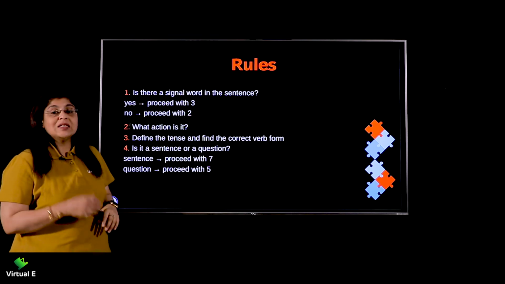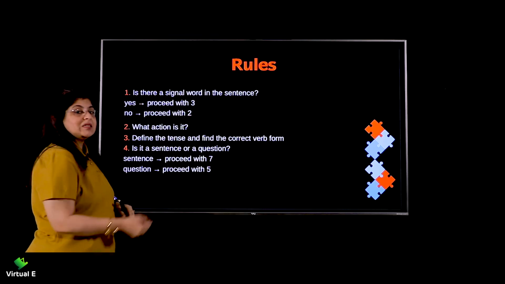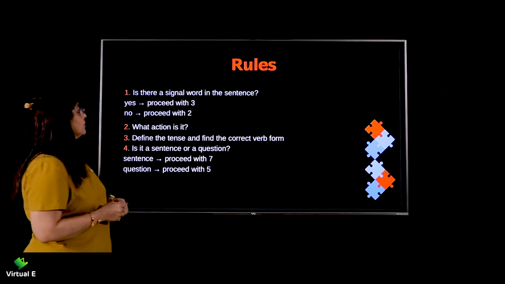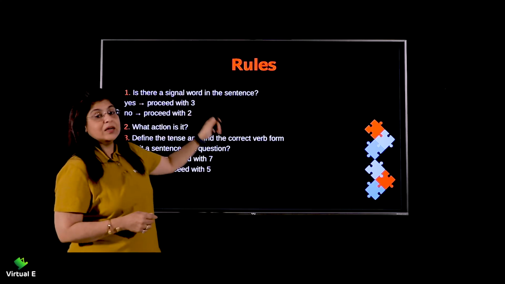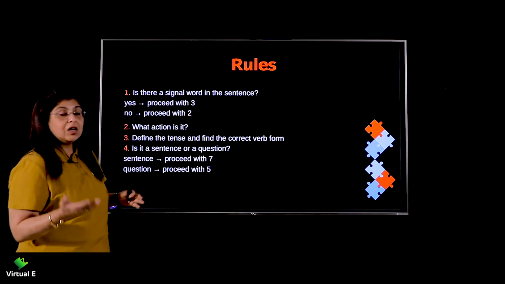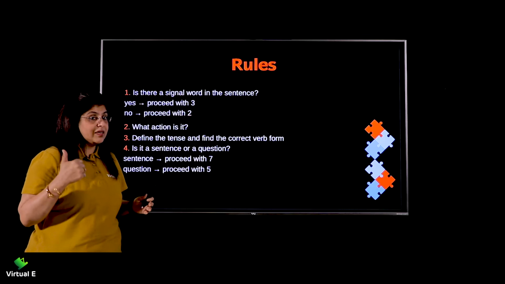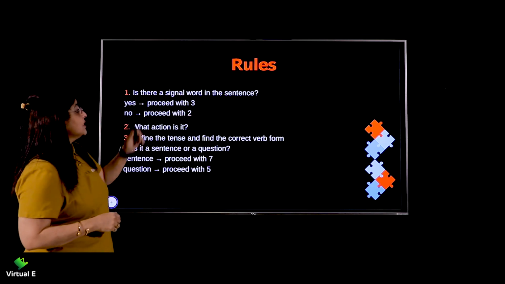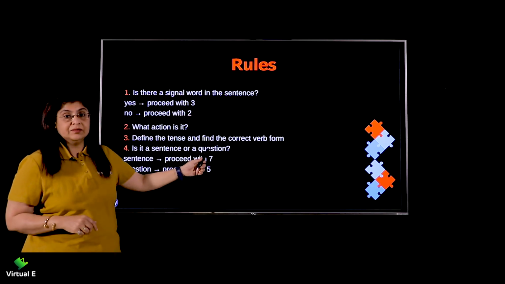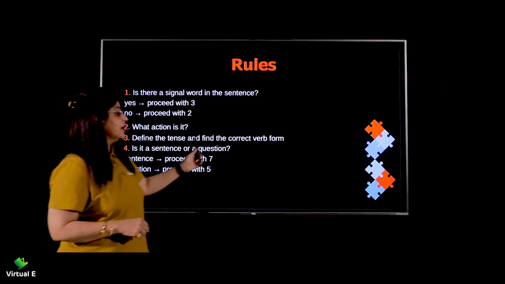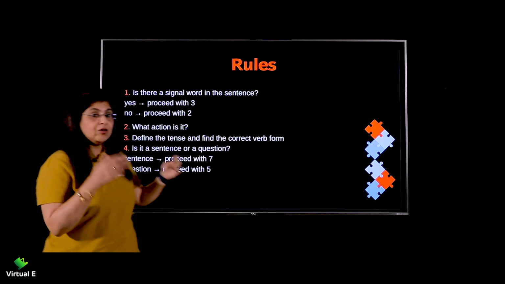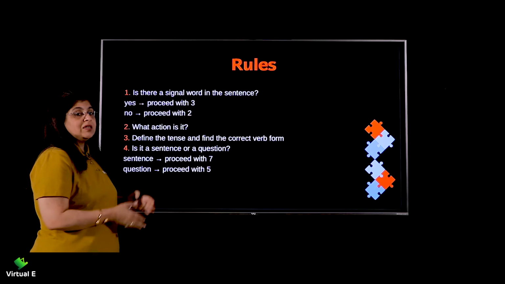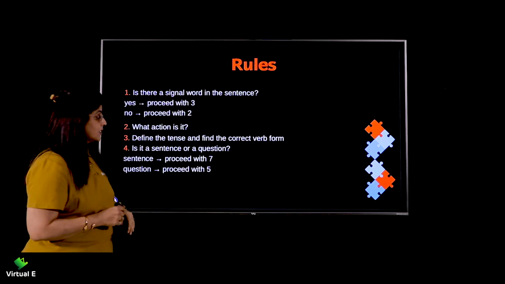So your first thing is, this is basically a step-by-step approach, how we go about. So is there a signal word in the sentence? Options can be two, either a yes or a no. If it is a yes, you will go to the third step, that is, define the tense and find the correct verb form. Now you got your signal word, so obviously it will direct you to a particular tense.